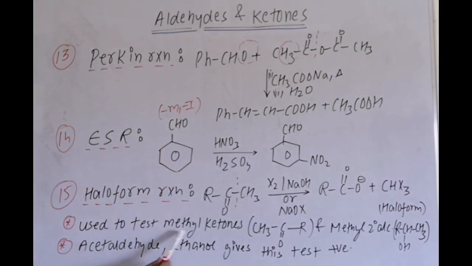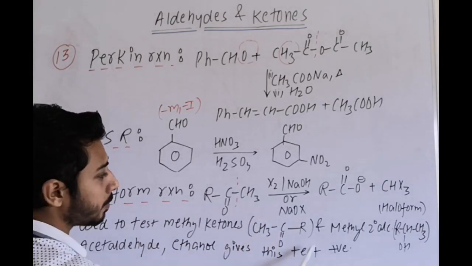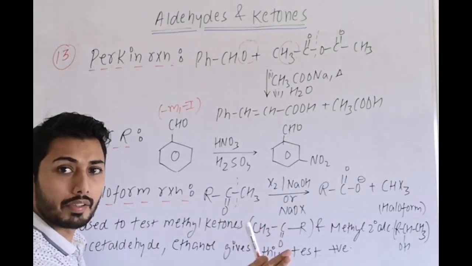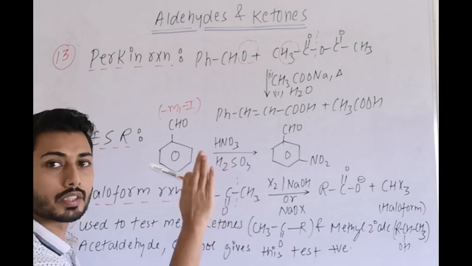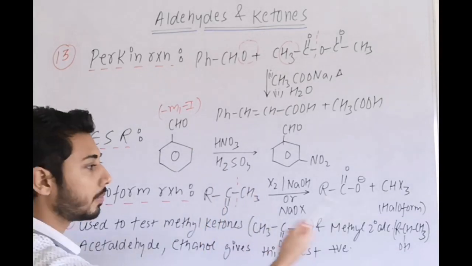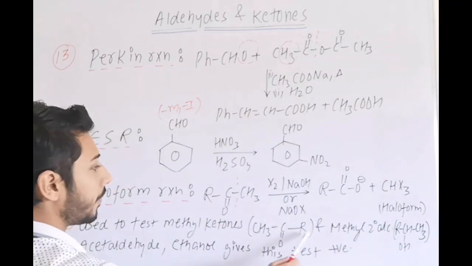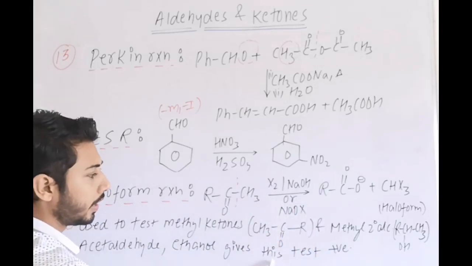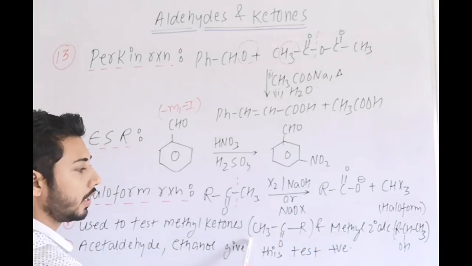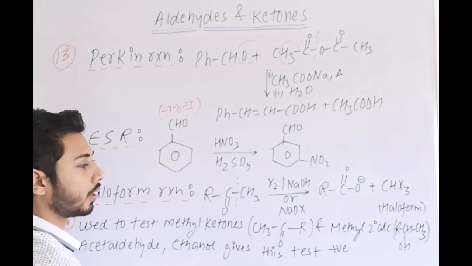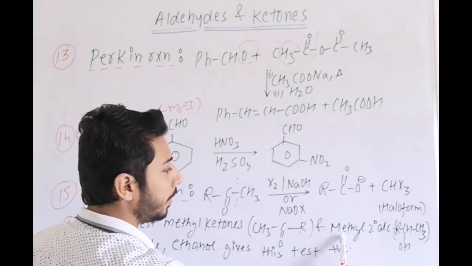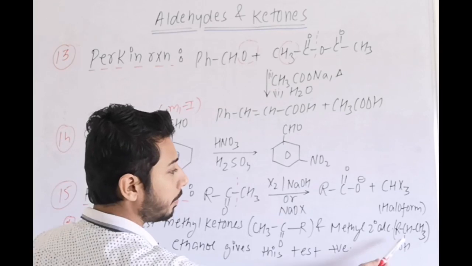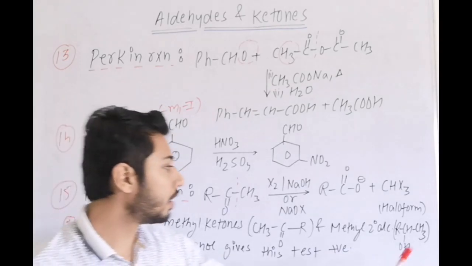first point, used to test methyl ketones, like this arrangement is present. It is not for acid derivatives, not for carboxylic acid, it is for methyl ketones and some other, like I will mention. If here we write anything, R group, this part finally cleaves, it gives CHI3 iodoform, and this gives salt. Other possibility, methyl secondary alcohols, that means which arrangement?